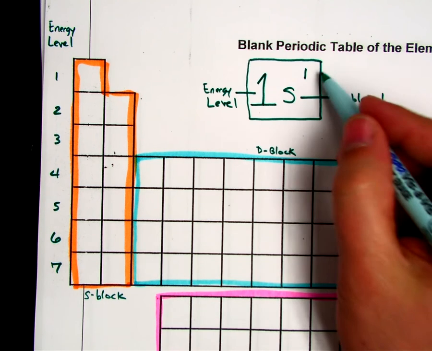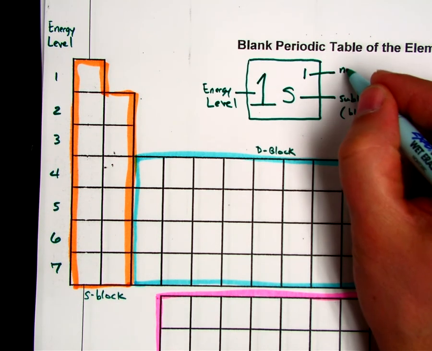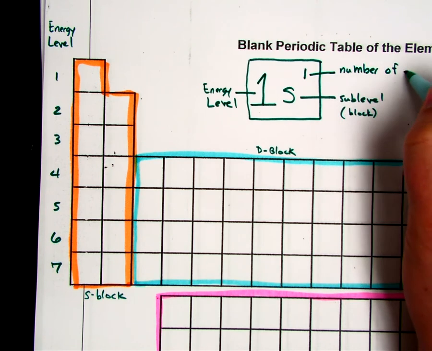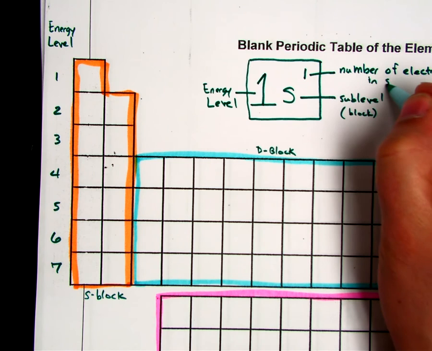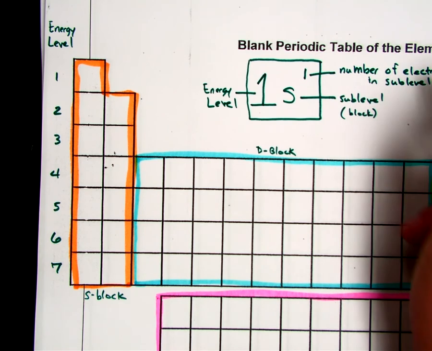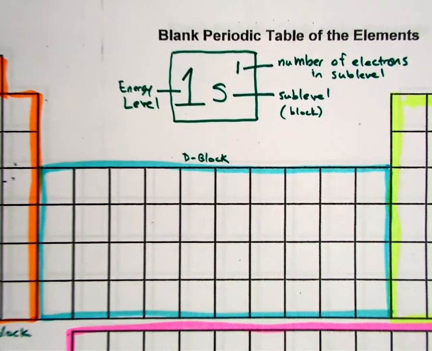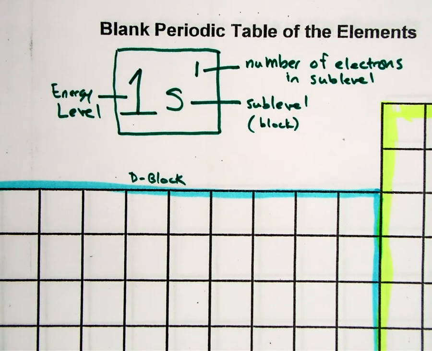And the little number here, the 1 in this case, is the number of electrons in sub-level. Okay? So every single element is going to have this coding system that represents it.